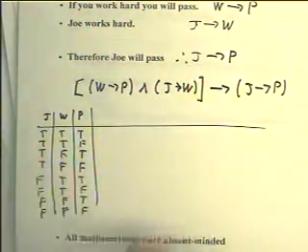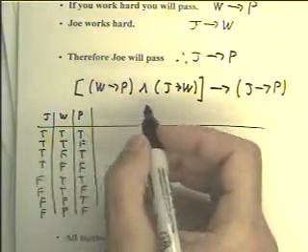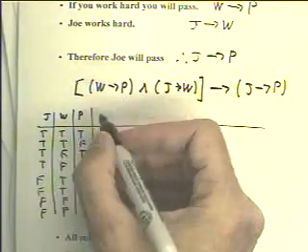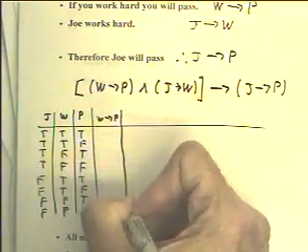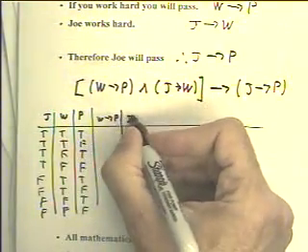And here we have it. Now, let's evaluate some of these premises. First of all, if W, then P. Then we'll evaluate if J, then W.